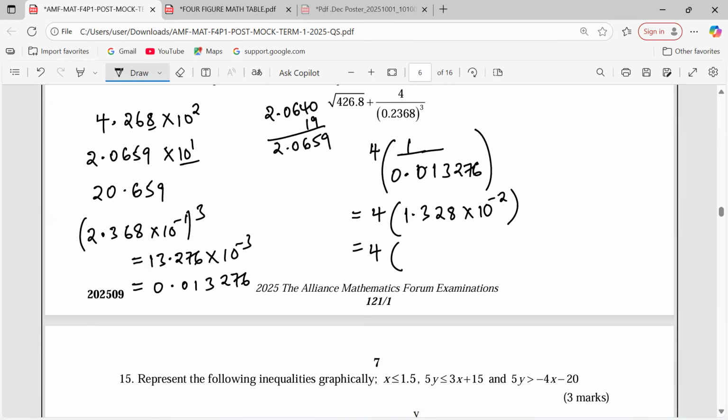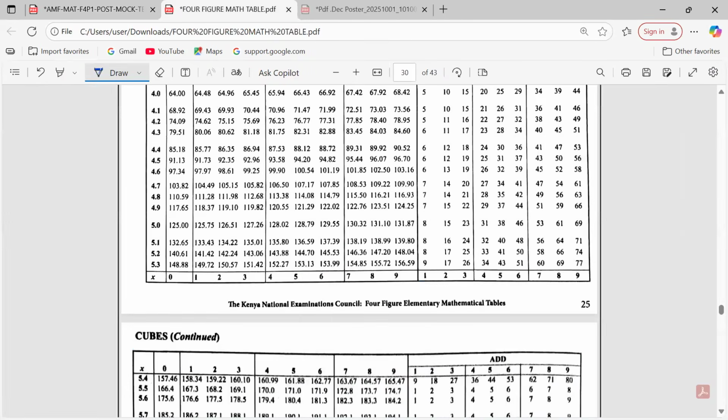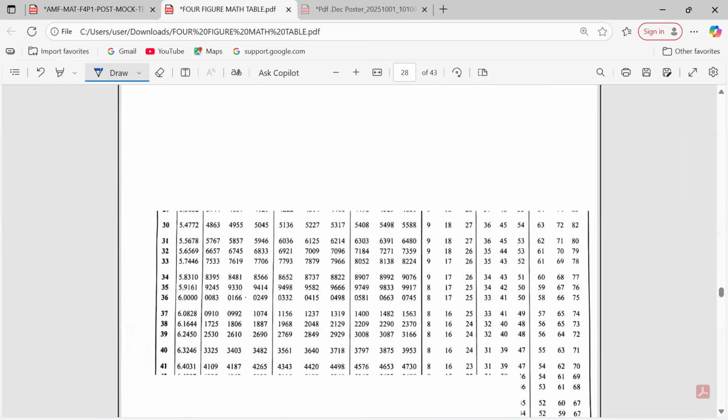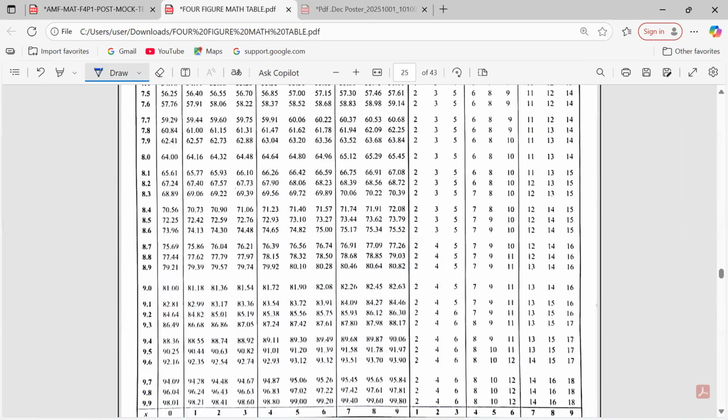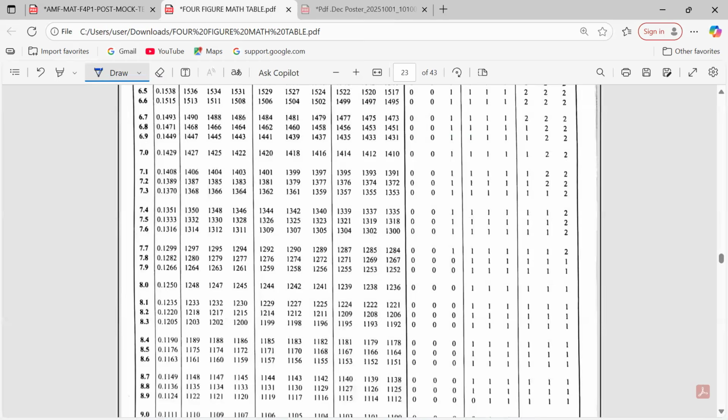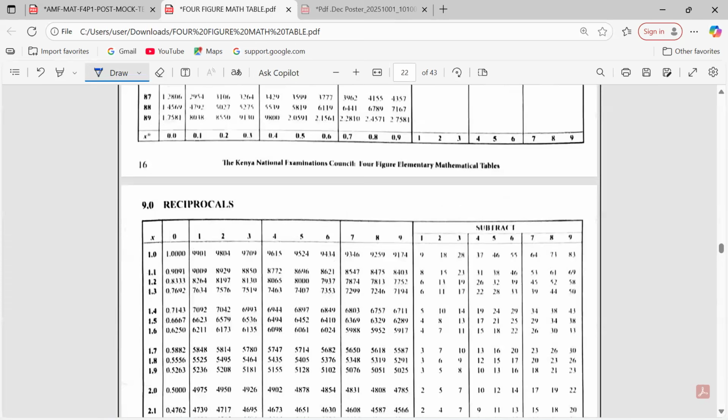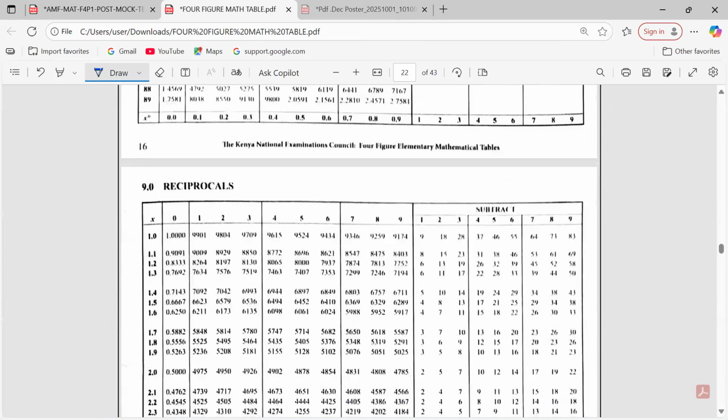So for reciprocals, we're going to 1.328.